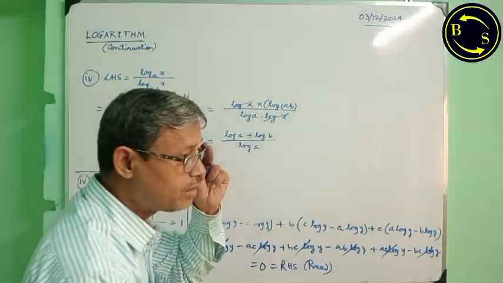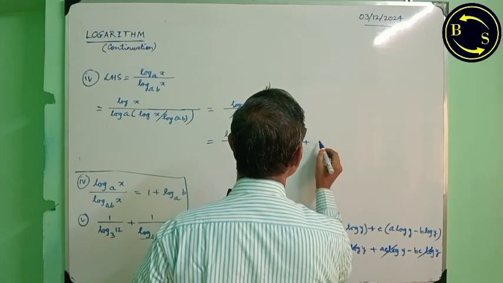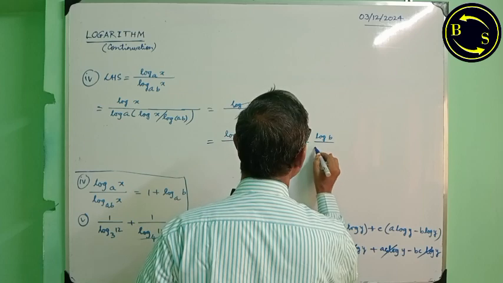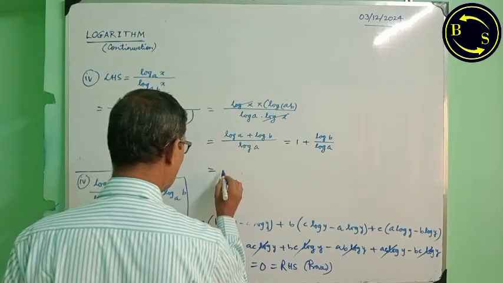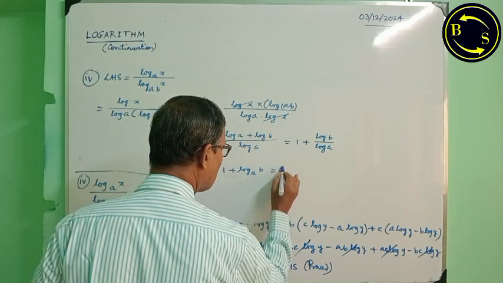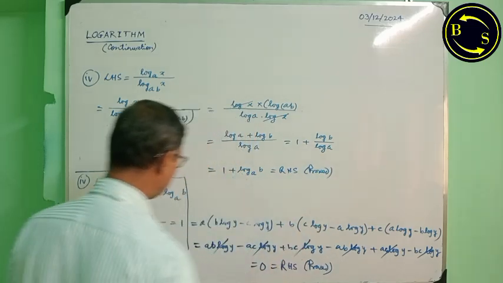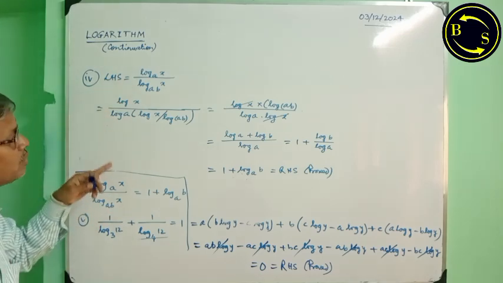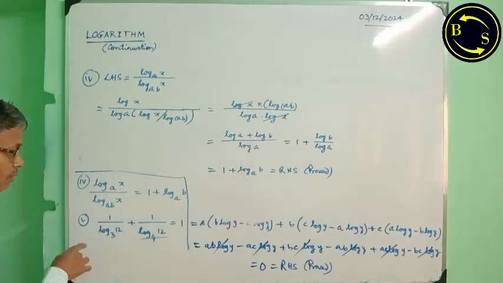Now, applying the distributive law of division, log a by log a is 1 plus log b by log a, that is equal to 1 plus log of b to the base a, which is the RHS part proved. From the left side, we have used the base changing formula and reached the RHS. Then number 5.